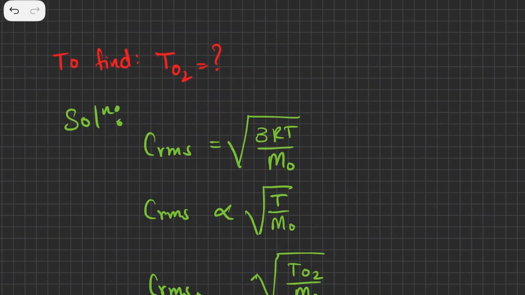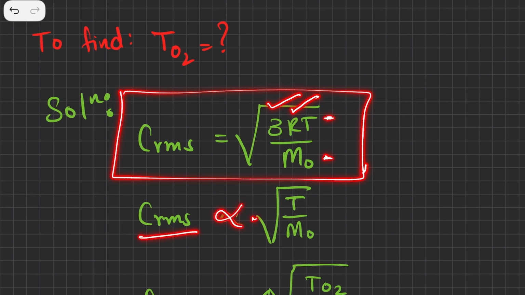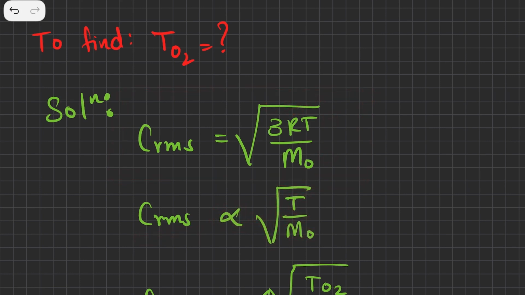So I'm using the basic formula, that is C_RMS is equal to square root of 3RT by M0. Now here R is constant, 3 is constant, but temperature is not, and neither is M0. So my C_RMS depends on square root of T by M0. Because T was constant in the earlier problem, we didn't write T in the earlier problem.